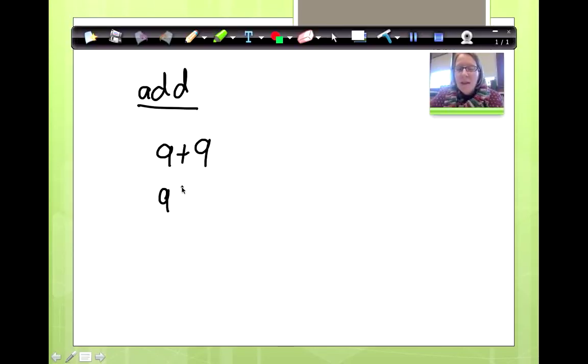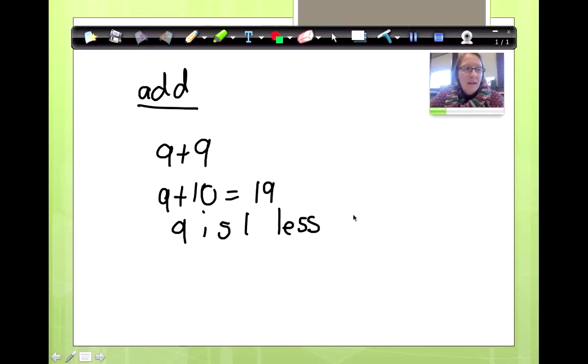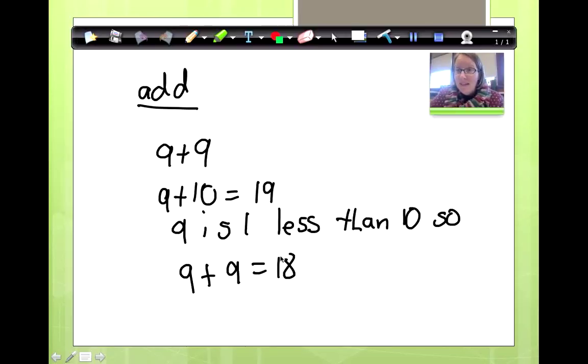So I really have 9 plus 10. Well, we can add 10s easily. That's 19. But 9 is 1 less than 10, so what do we do? We take 1 away, which means that 9 plus 9 is 18, right?